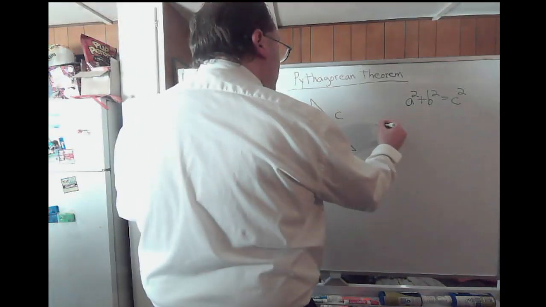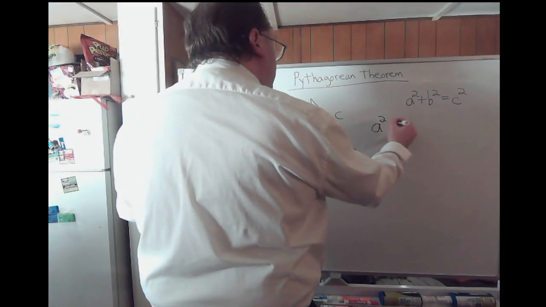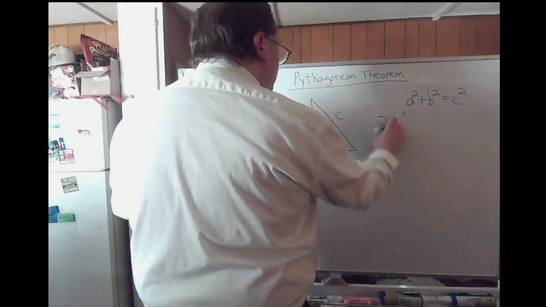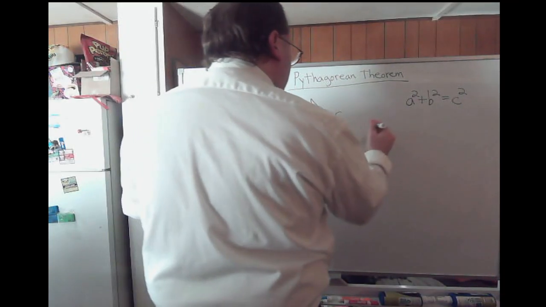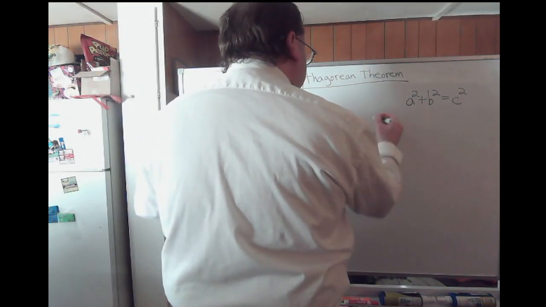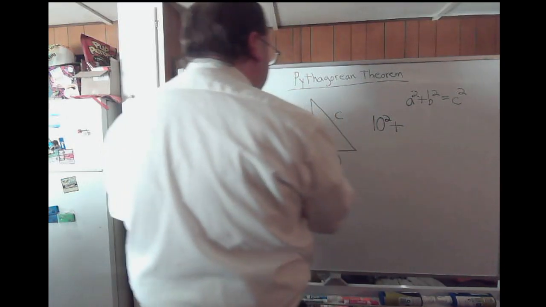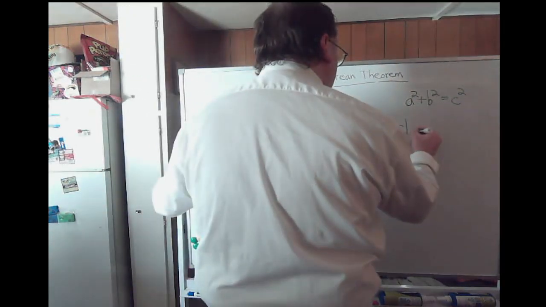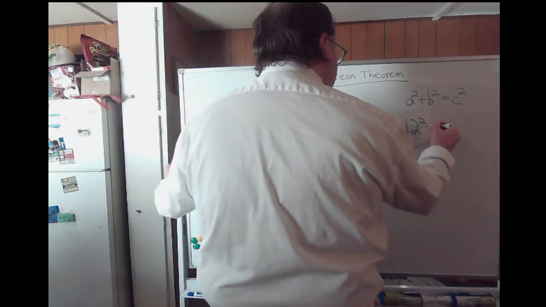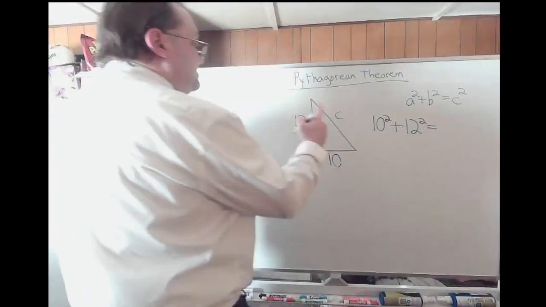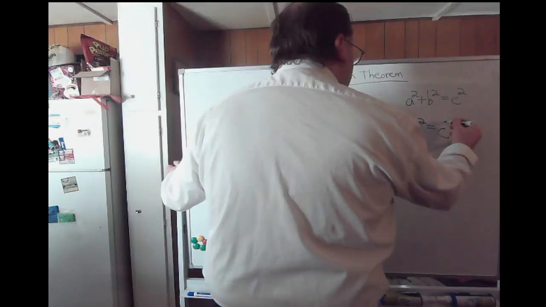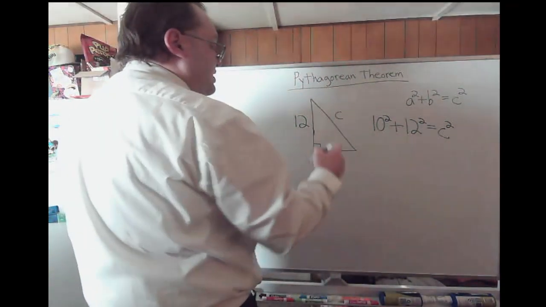So A squared equals 10 squared, because A is 10, plus B is equal to 12, so that'd be 12 squared. A squared plus B squared equals C squared, the unknown length for the hypotenuse.